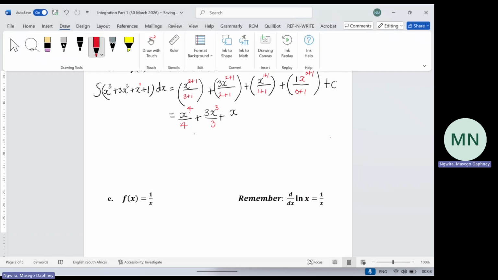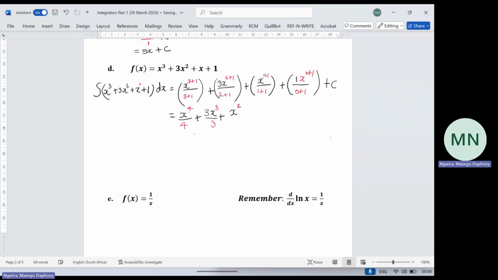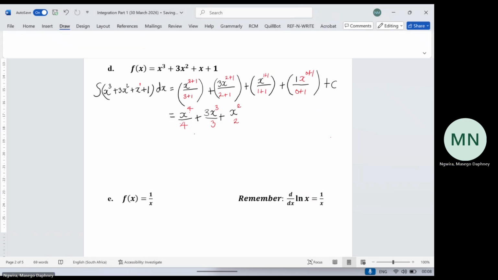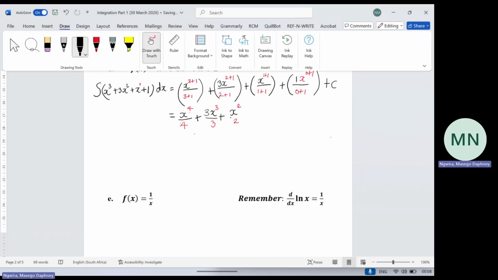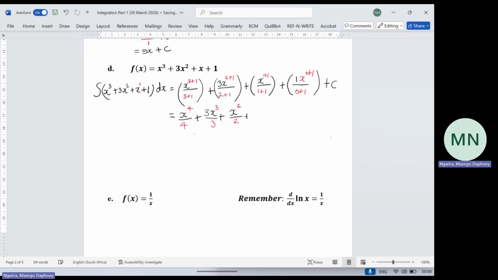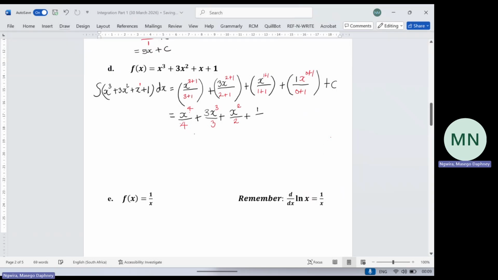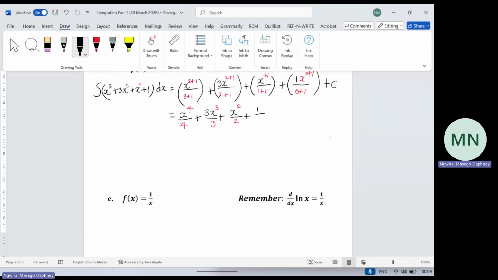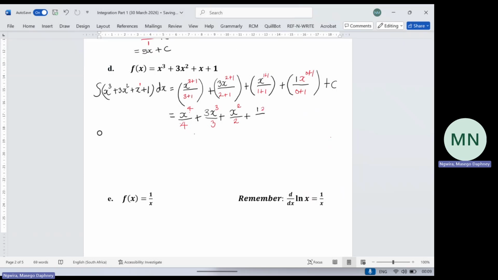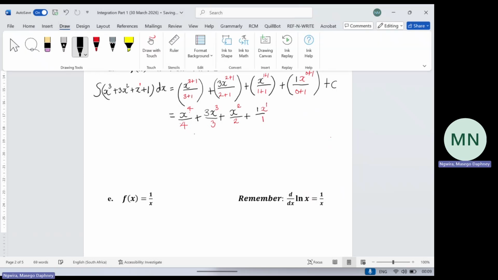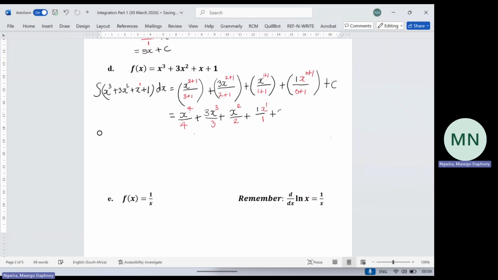So we are going to have 2, then over 2. Okay, and then now plus, then 0 plus 1 is 1. So it's x to the power of 0 plus 1 is 1. So it's going to be x to the power of 1, then over 1. And then don't forget the plus c, so it's going to be plus c.